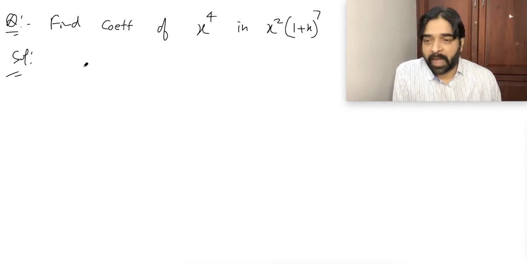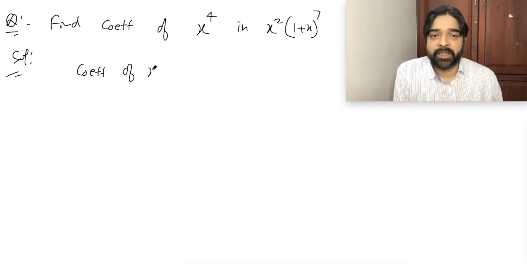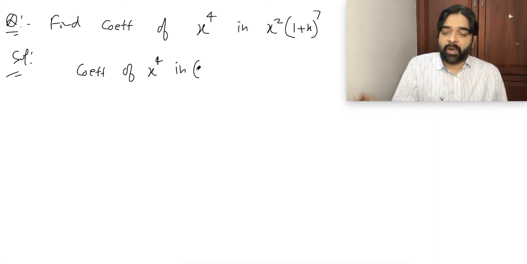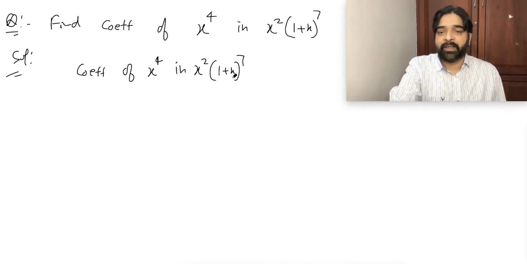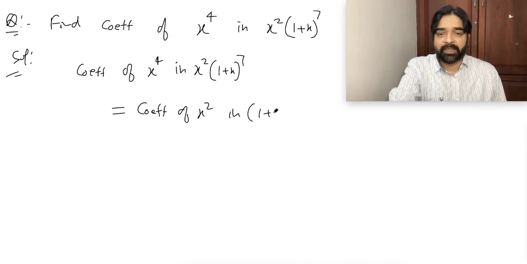I will do simple questions and tough questions, and all of you have to do them. The coefficient of x power 4 in x square into 1 plus x power 7 will be equal to the coefficient of x square in 1 plus x power 7.